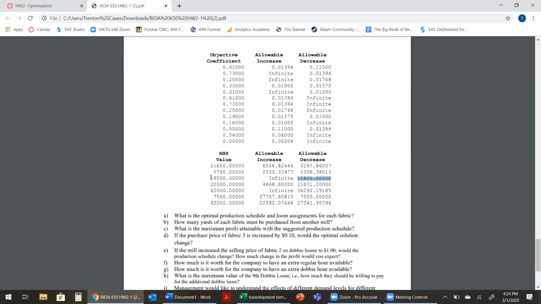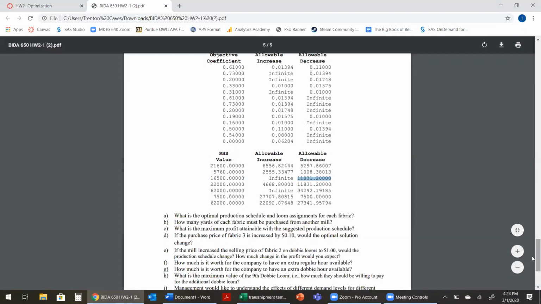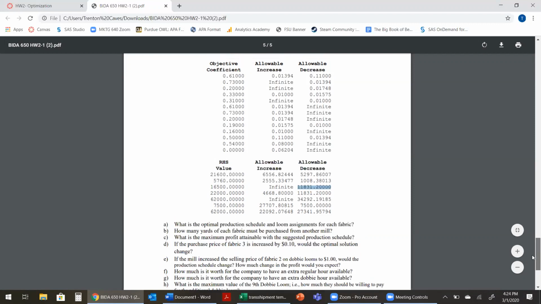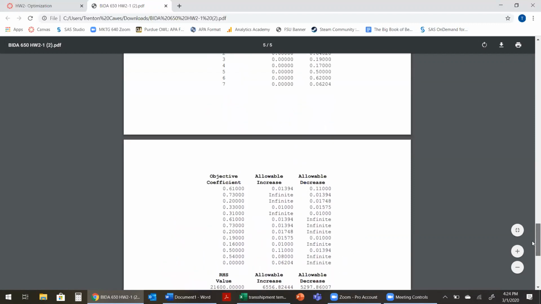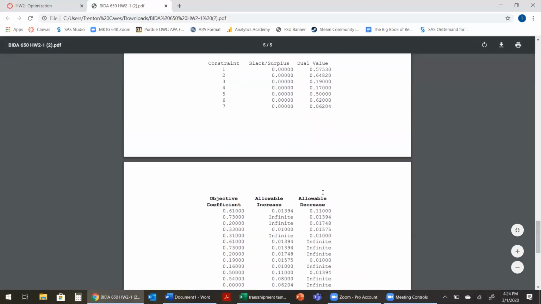If our demand changes by a certain amount, what amount can it change by, and what effects will those changes have? And the effects are the dual values of your constraints.